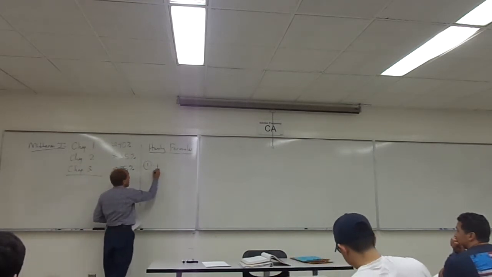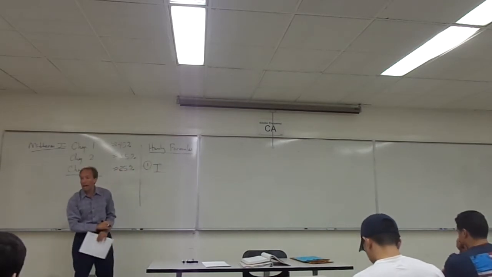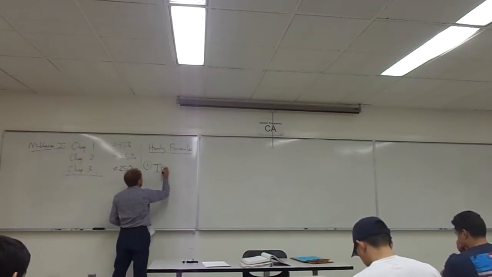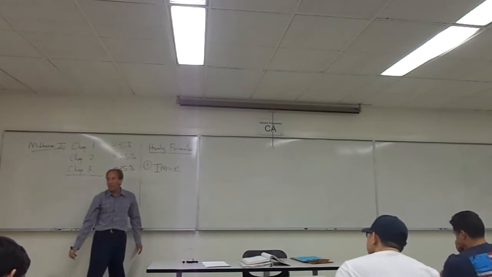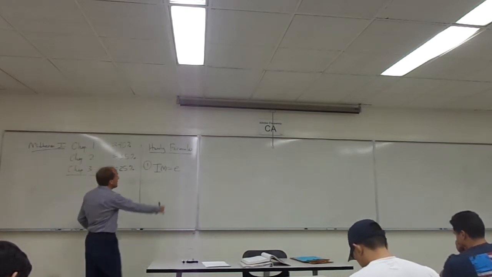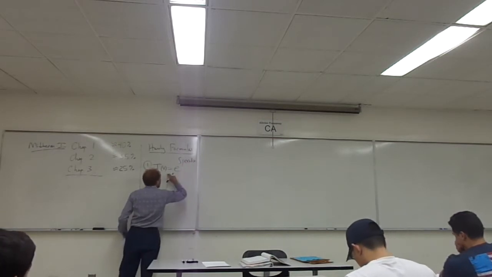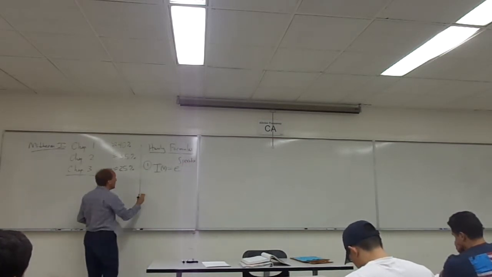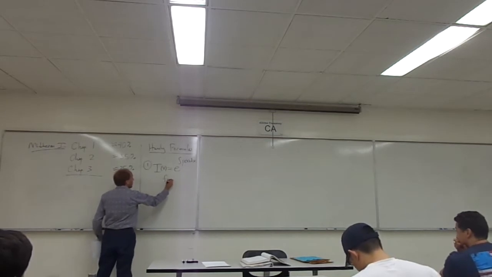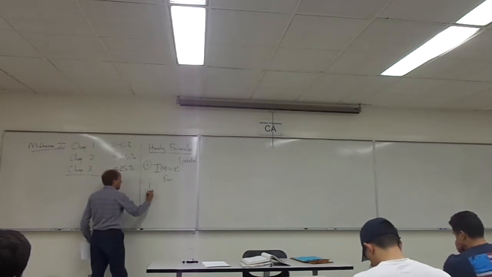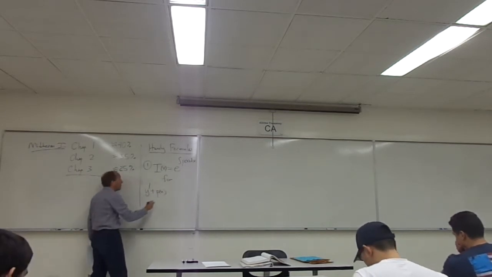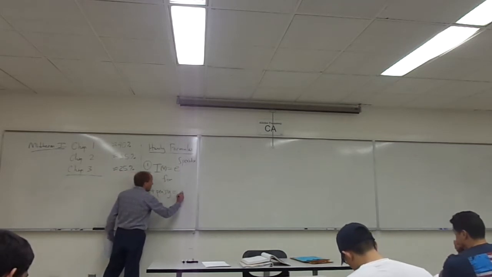One of them is the integrating factor formula, the capital I of x, right? If you don't know this formula, you can't do the linear differential equations. So this is e to the integral of p of x dx, with the understanding that you are solving a linear equation of this nature: y prime plus p of x y equals q of x.